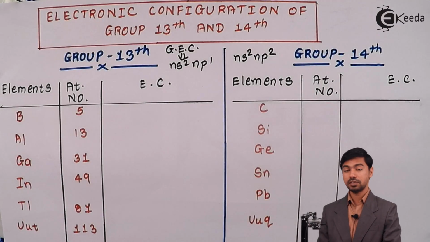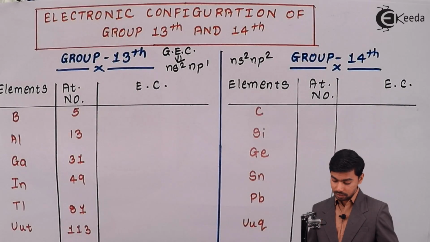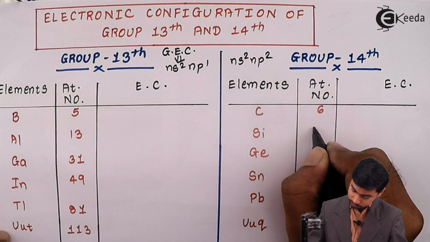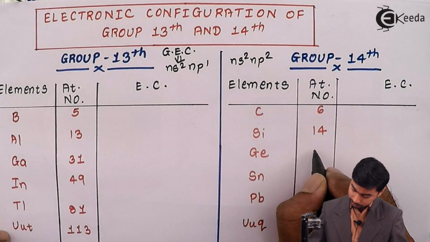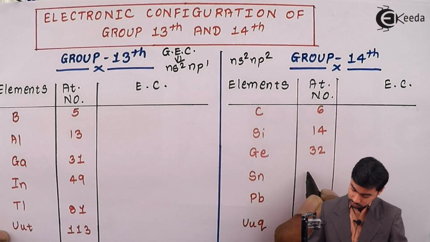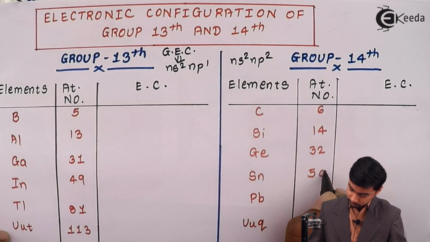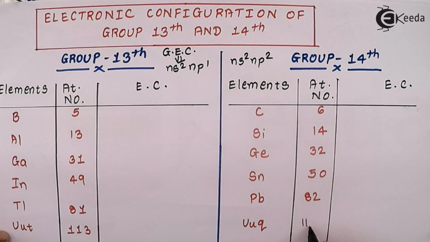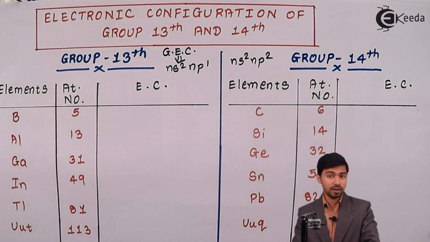What is the atomic number for the 14 group element? Carbon, it's nothing but 6, silicon 14, germanium 32, tin 50, lead 82, and ununquadium it's nothing but 114.